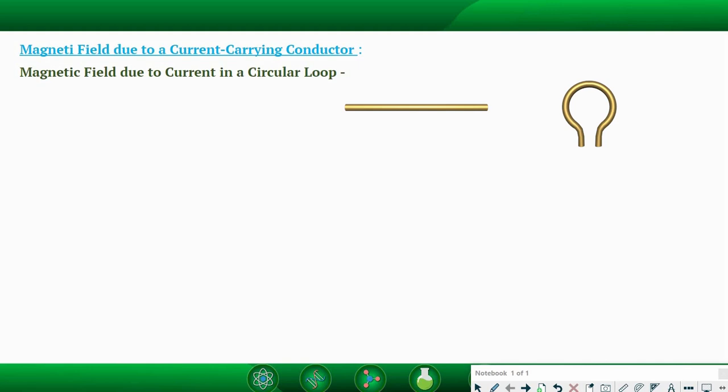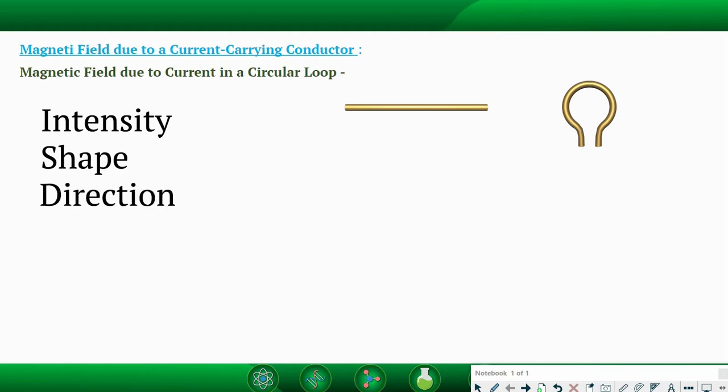So, first we will find out the intensity of the magnetic field, then its shape and direction, and we will have a clear picture of the magnetic field around that circular current carrying loop. About the intensity, it's pretty simple because it's the same current carrying conductor just turned and made a loop.